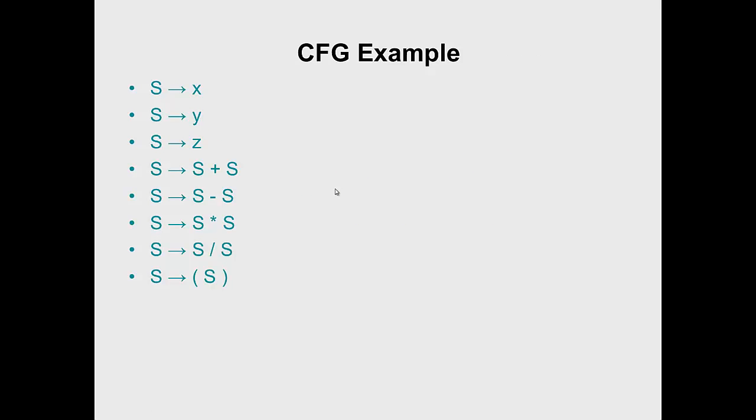So, for example, a CFG grammar is a simple arithmetic grammar, where an arithmetic sentence can be x, y, z, or s plus s, or s minus s, s times s, s divided by s, or s between brackets.